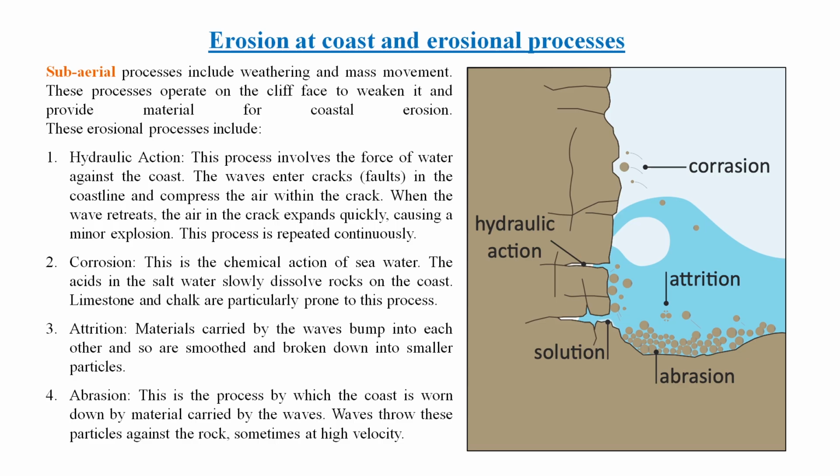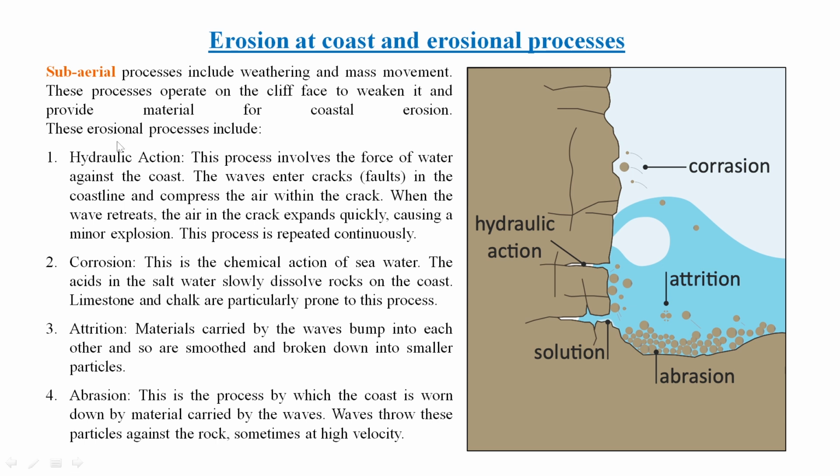Because obviously there will be processes which are going on just beneath the water level, as well as processes that will go on just above the water level. So there is a kind of a subaerial process. It is not submerged completely, it is not completely aerial. So that's why subaerial processes include weathering and mass movement. These processes operate on the cliff face to weaken it and provide material for coastal erosion.